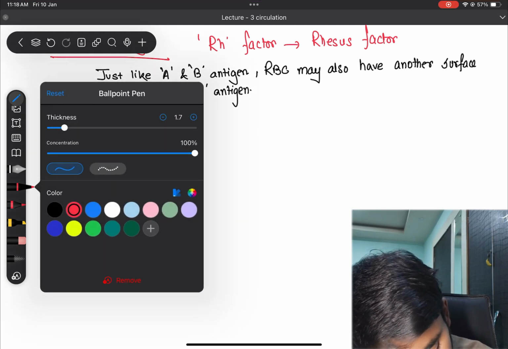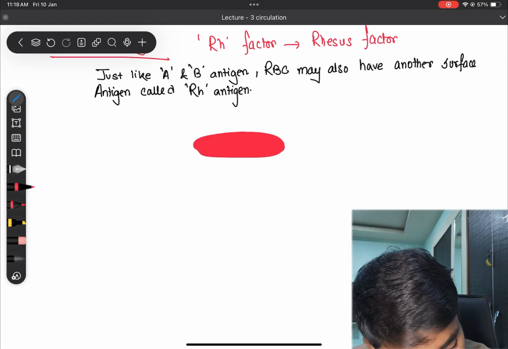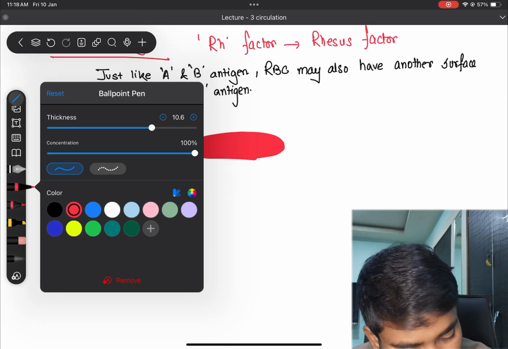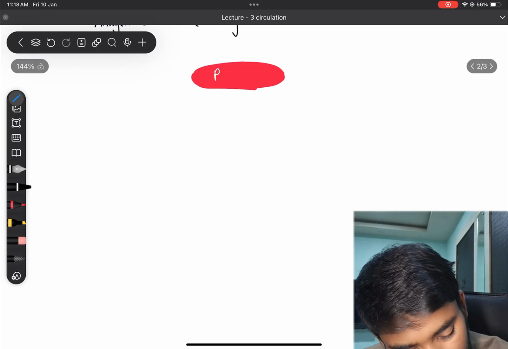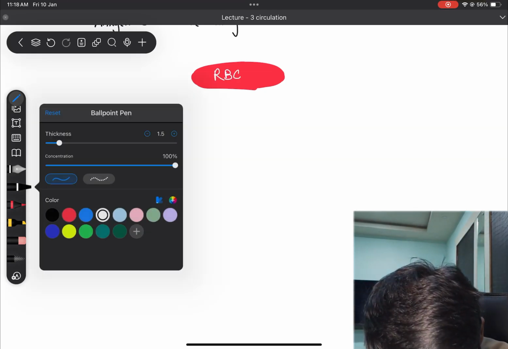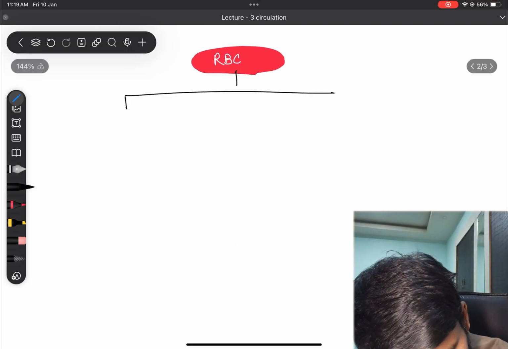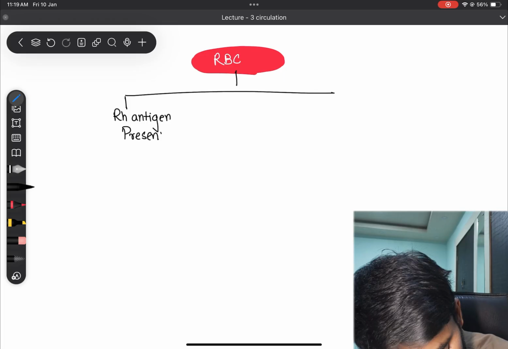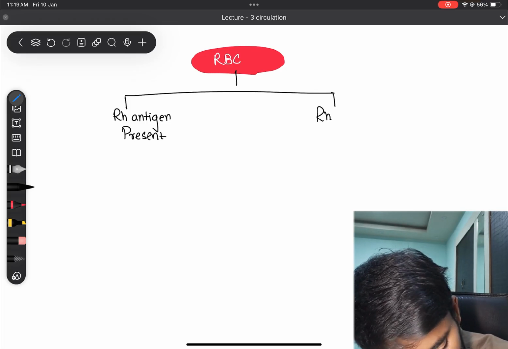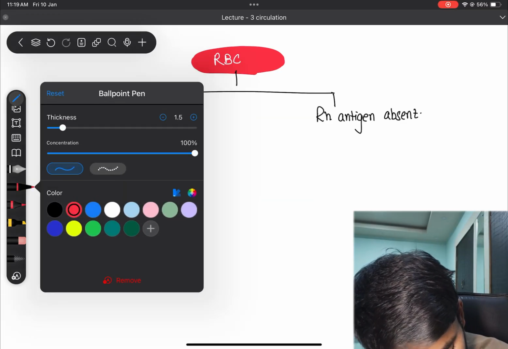Let me draw an RBC. Now it can have two situations: one, Rh antigen present, and two, Rh antigen absent.